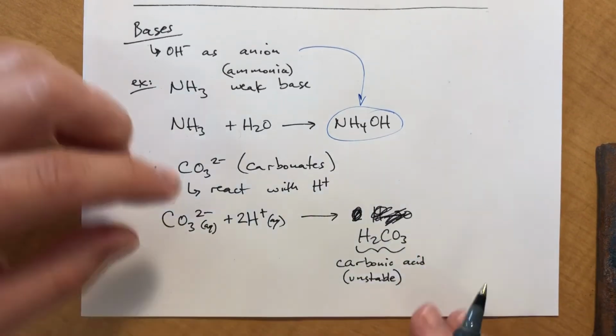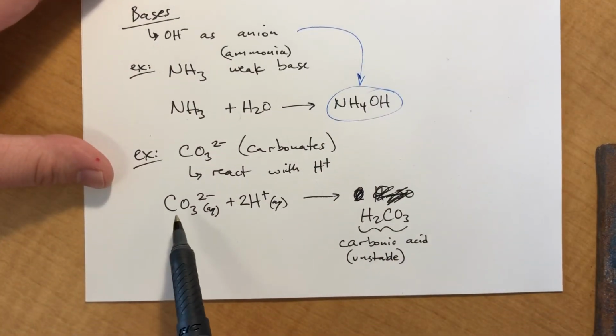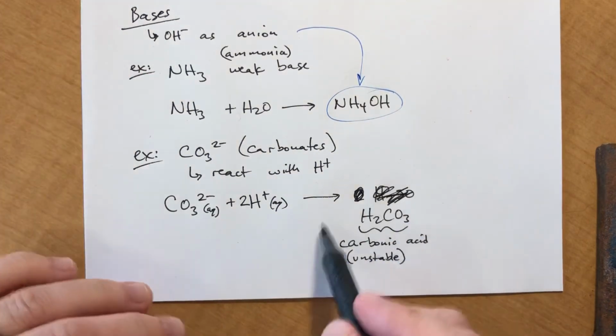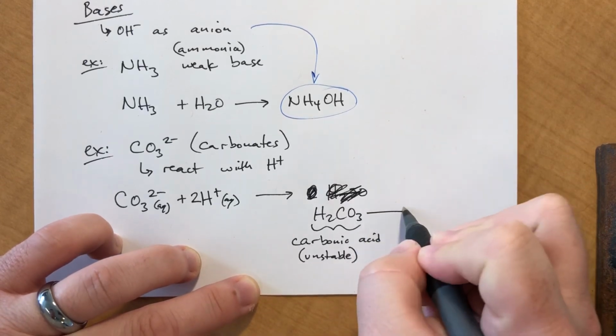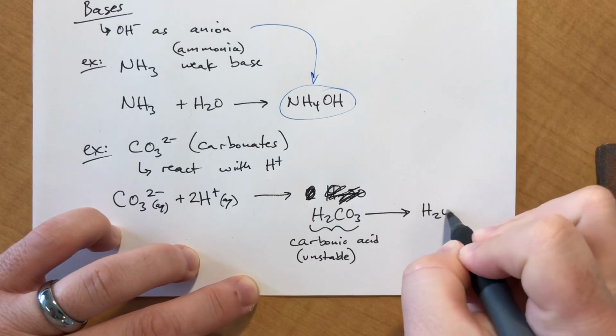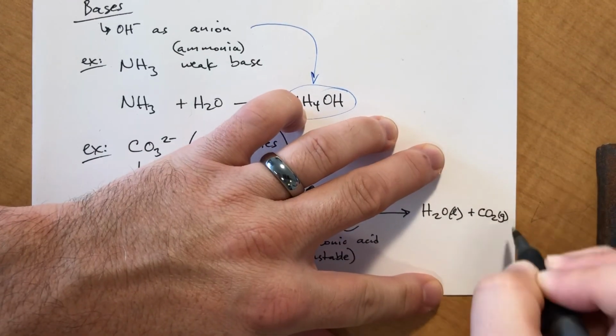So if you were going to treat this like one of these problems and you had something like sodium carbonate, you would predict this product. If you switch the pluses and minuses, this is the answer you would get. The problem is this thing is unstable and you'll never find it. It immediately falls apart and becomes H2O liquid and CO2 gas.